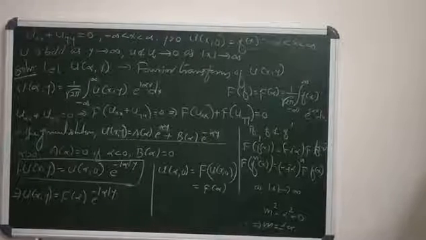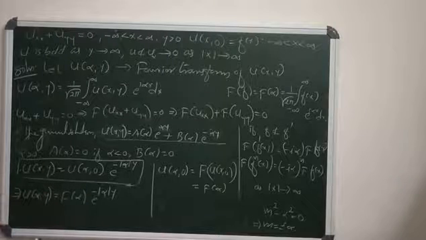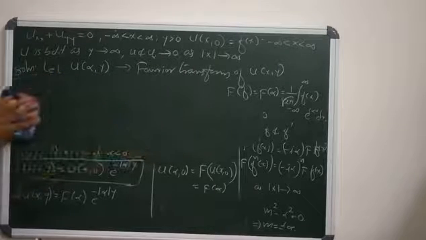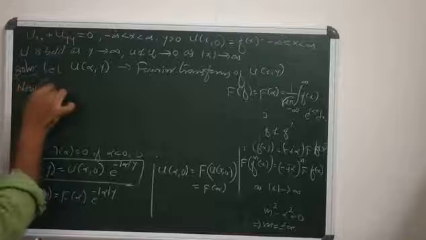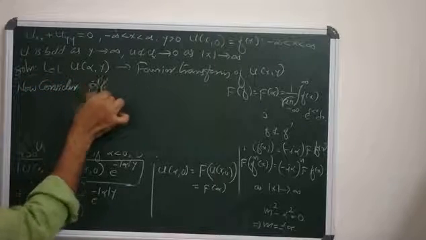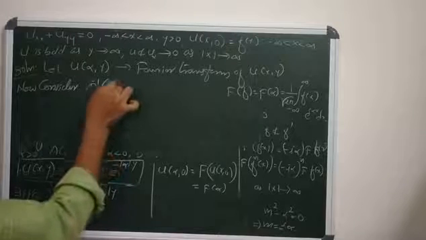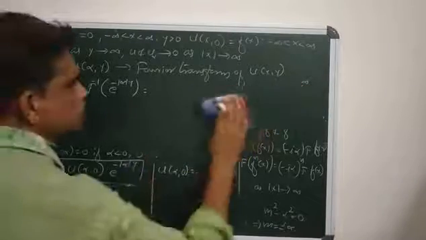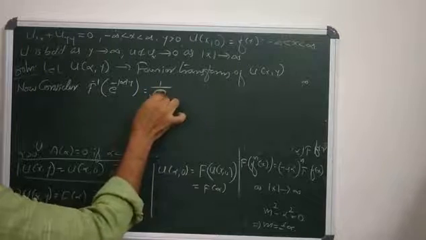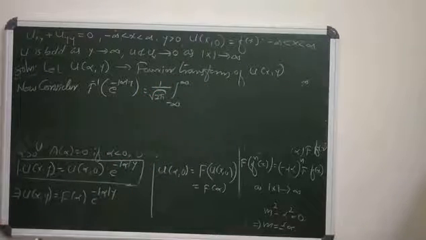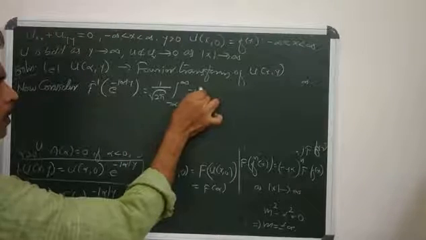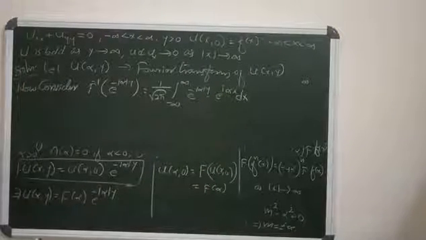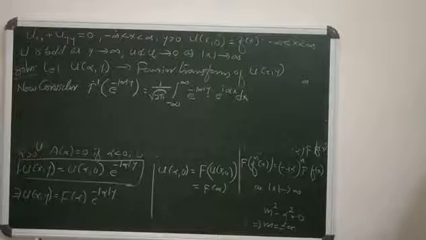But what is the inverse transform? Therefore, we consider F inverse of e power minus mod alpha y, which equals 1 by root 2 pi into integral from minus infinity to infinity e power minus mod alpha y into e power i alpha x dx, by the inverse Fourier transform.